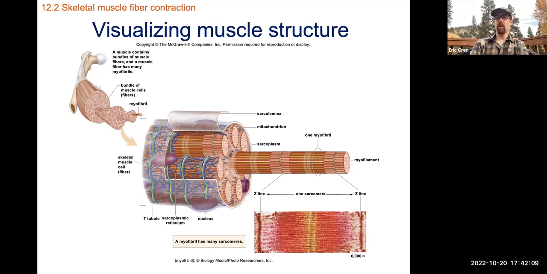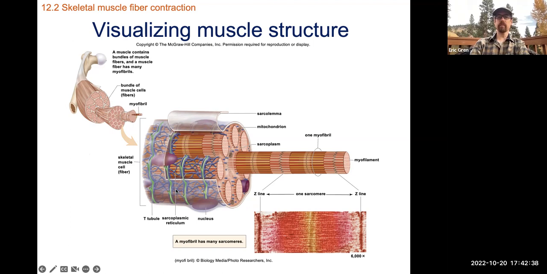It's going to store calcium, and release calcium into the sarcoplasm, the cytoplasm of the skeletal muscle cell, when the skeletal muscle cell wants to contract. So calcium is really critical for contracting of the skeletal muscle cell, and we're going to see how that works in a little bit. But that calcium is stored in the sarcoplasmic reticula. Okay.